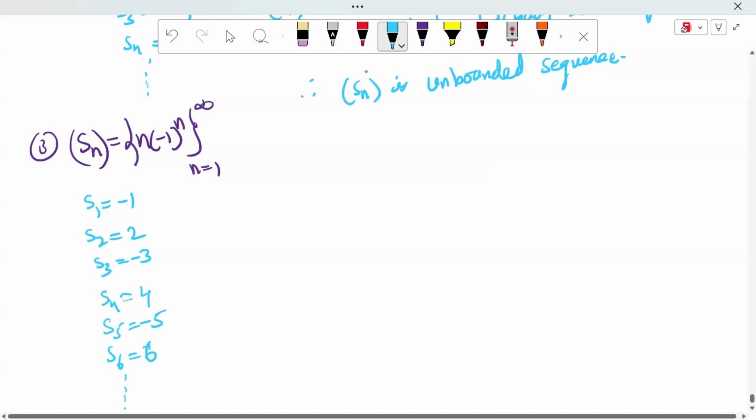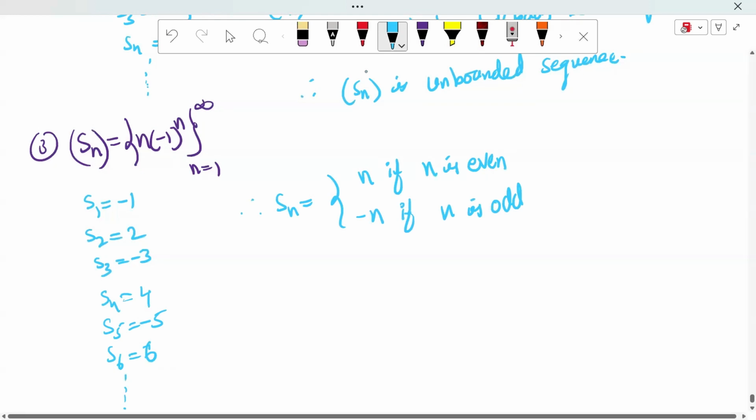The sequence can be written as Sn equal to n if n is an even number, and Sn equal to minus n if n is an odd number.